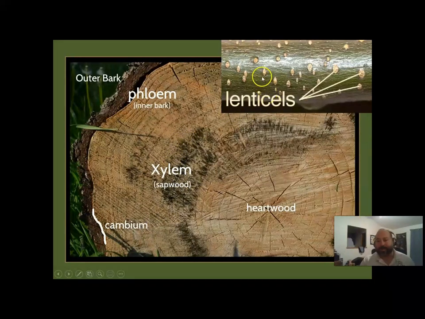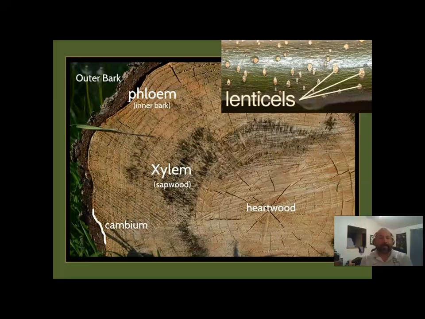We mentioned lenticels before. If you look closely at the bark of a lot of different kinds of trees, whether you're looking at the twigs, the branches, or the main stem, you'll see little dots. The dots can look in lots of different patterns. Some have diamond patterns. Some are just a long line. Sometimes it's just little dots.